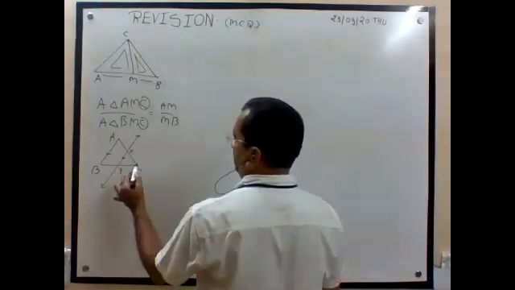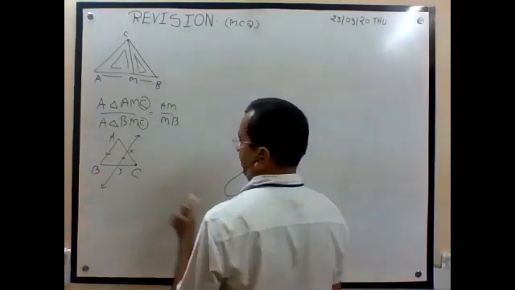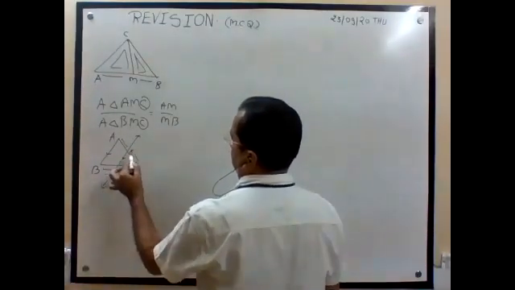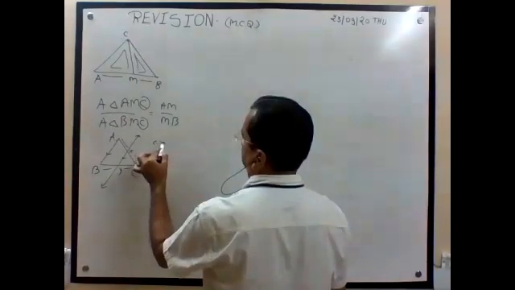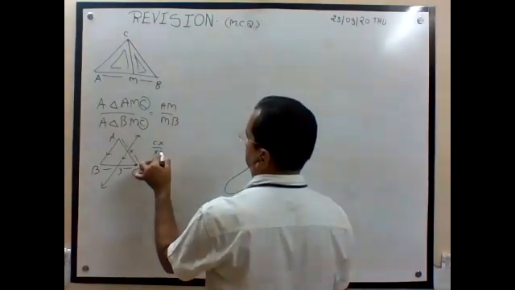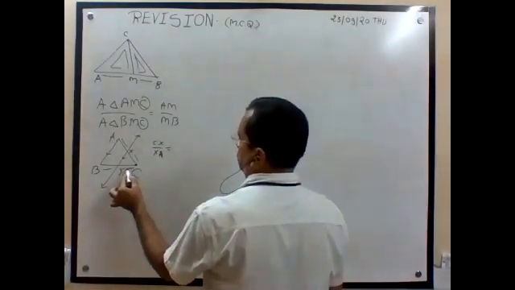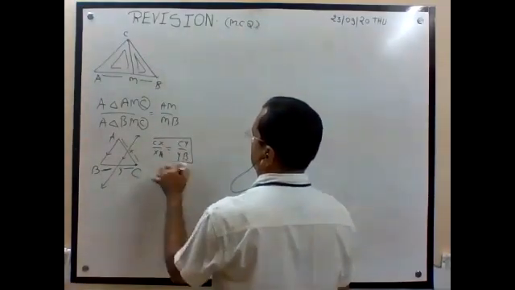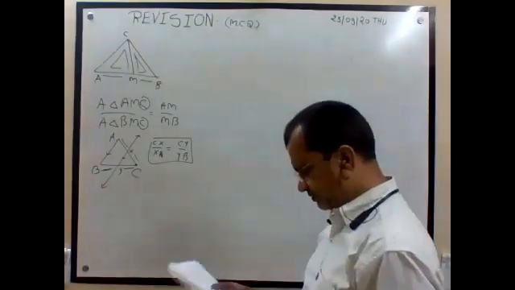And when two sides are intersecting, find out the common point. So from 1, 2, 1, 2, CX by XA, CY by YB. Correct.